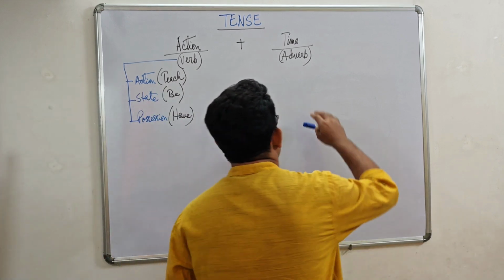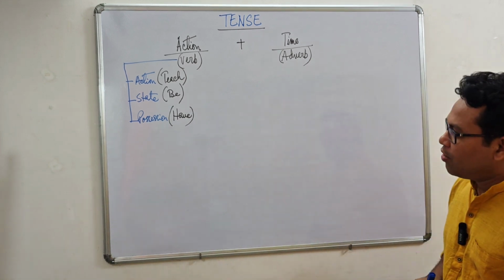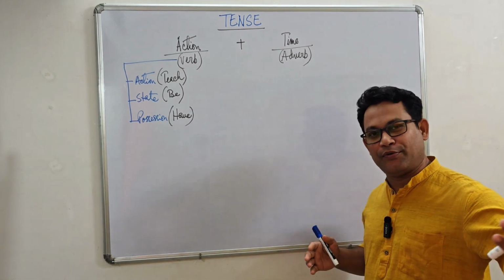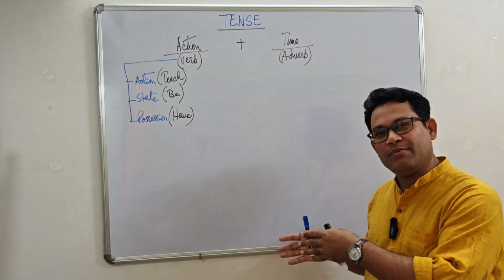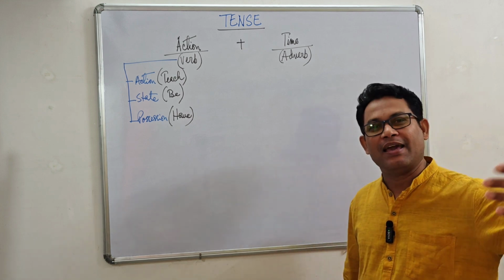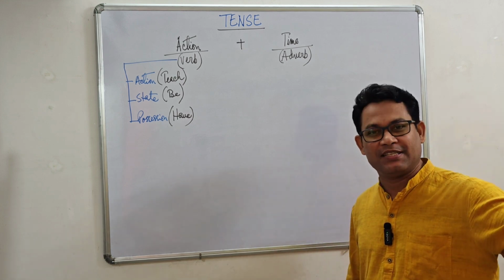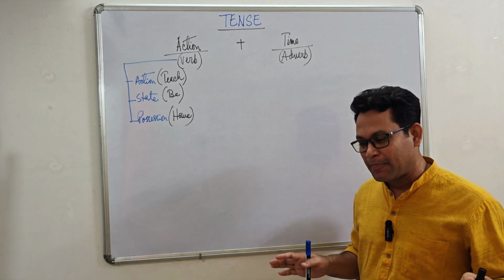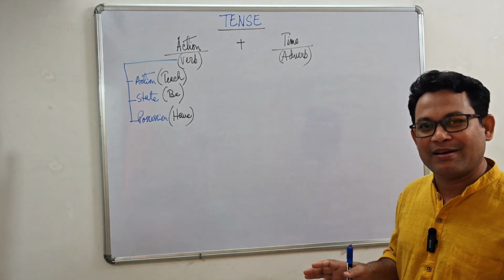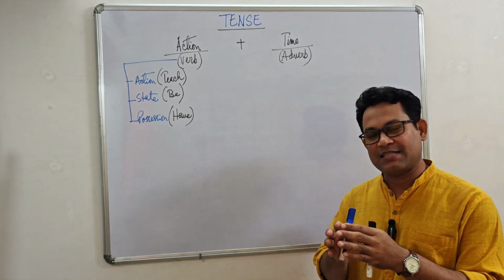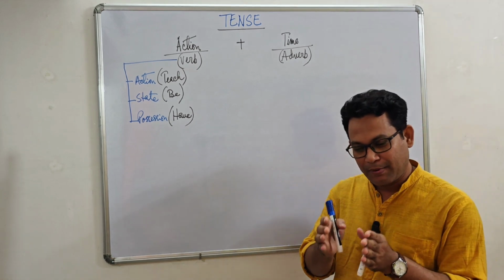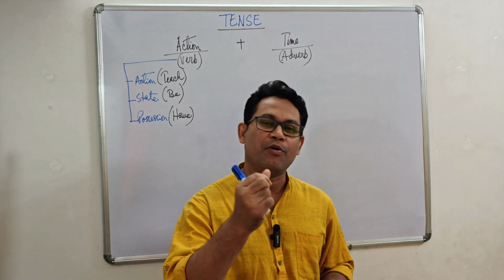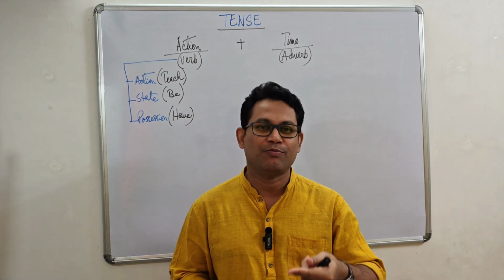Now what about time, the adverb? Time is an unbroken, continuous flow from time immemorial, and it is moving ahead. We don't know at which point time will cease to exist, but for the sake of understanding, we have divided time into three subcategories: past, present, and future. Interestingly, present is just momentary, right now, at this moment.